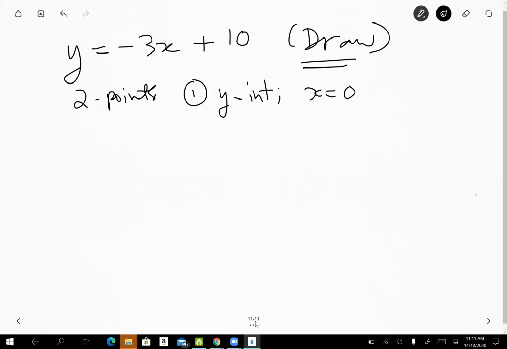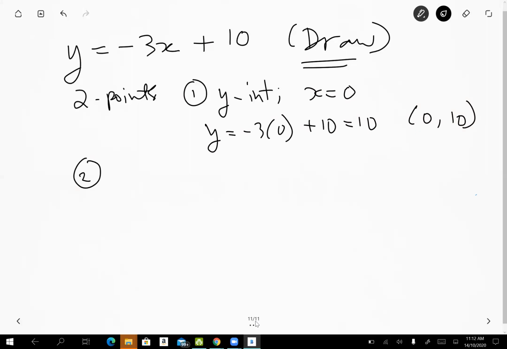So when x equals 0, y equals negative 3 times 0 plus 10, y equals 10. So the y-intercept is (0, 10). So that's 1 point. Number 2, you get the x-intercept, y equals 0.